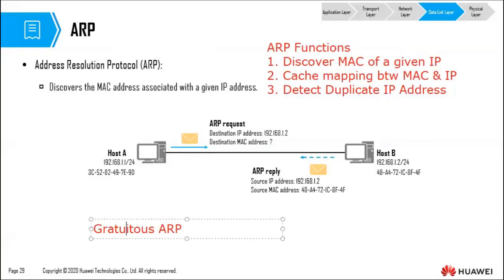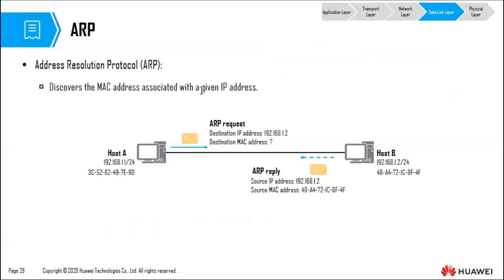Okay, let's try and understand how this thing works. I'm not sure whether they've explained much on the other side. So host A wants to communicate with host B. Initially, host A will just know that the IP address of this guy I want to go to is 192.198.1.2, but it does not know the destination MAC address.